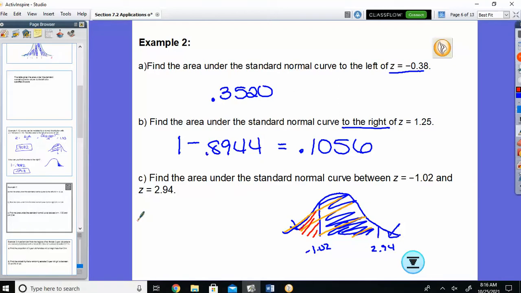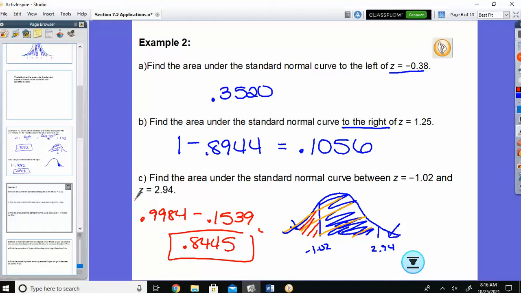So if I look up my 2.94, I get 0.9984. And if I subtract off the negative 1.02, we get 0.1539. And so if we subtract those, we get 0.8445.